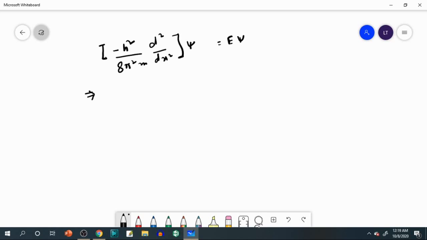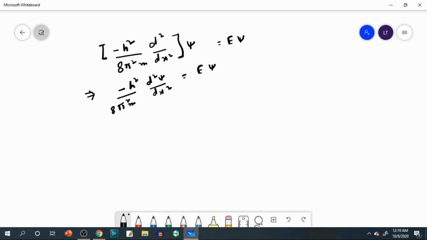Ultimately the equation has been reduced to minus h square d2 psi by dx2, over 8 pi square m, and this is equal to E psi.